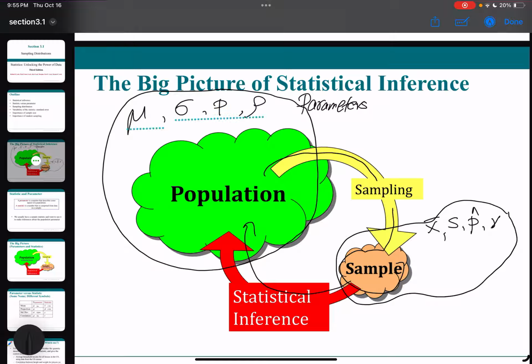If we are dealing with the sample, we call them statistics. In the next slide you can see the definition of statistics and parameters clearly. The idea is: parameters mean population measurements; statistics mean sample measurements. Here statistics is not the subject name; it refers only to the sample measurements.